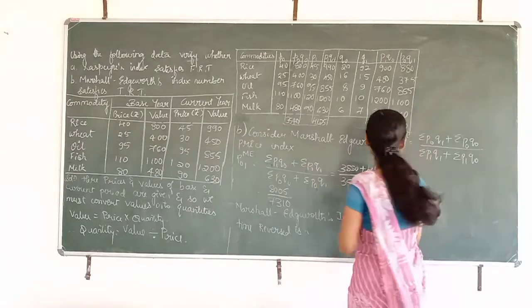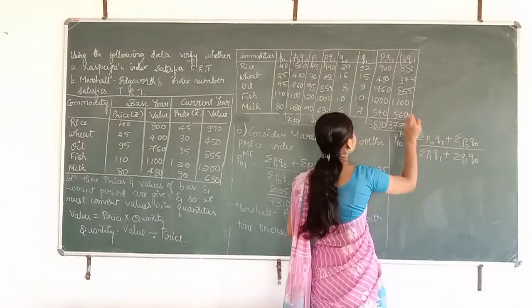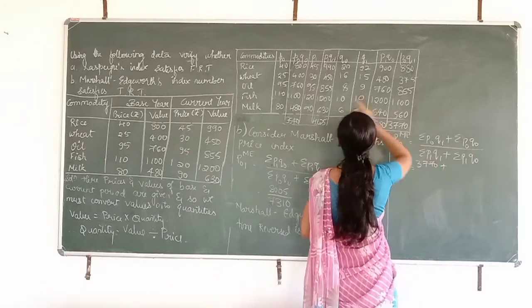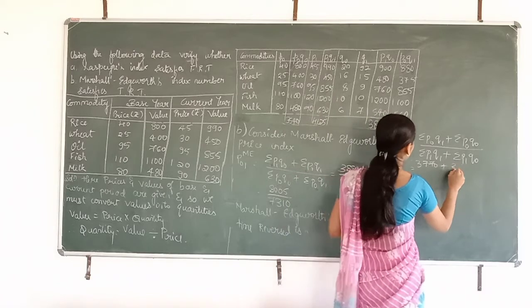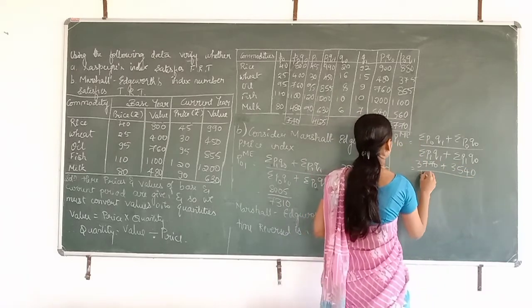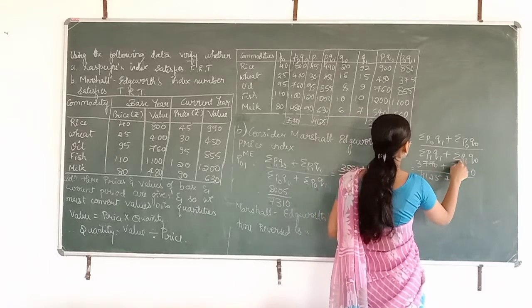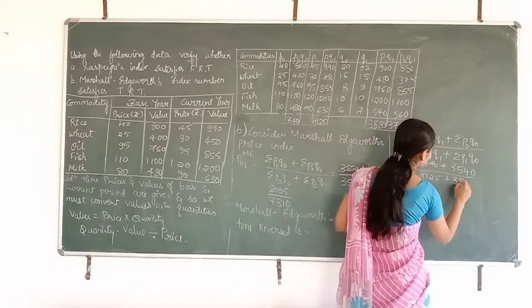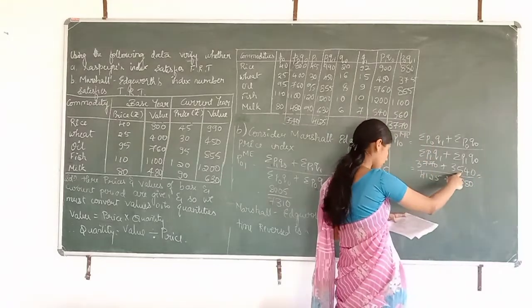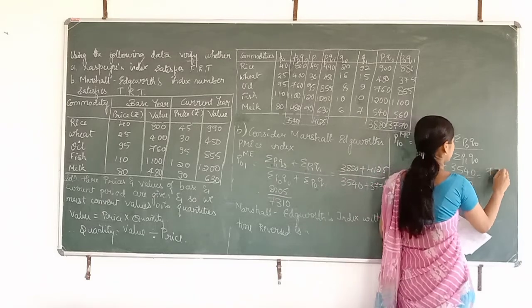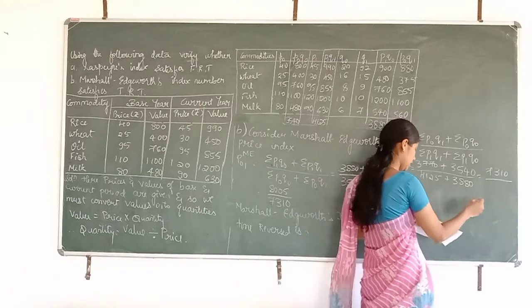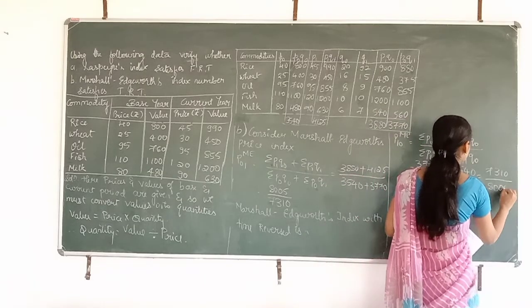Now we are going to substitute the values. P0 Q1 is 3770 plus P0 Q0 is 3540, it is 7310, divided by 4125 plus 3880, it is 8005.